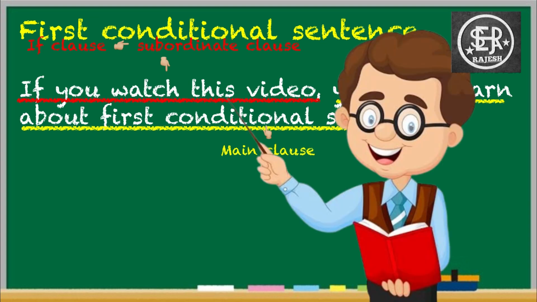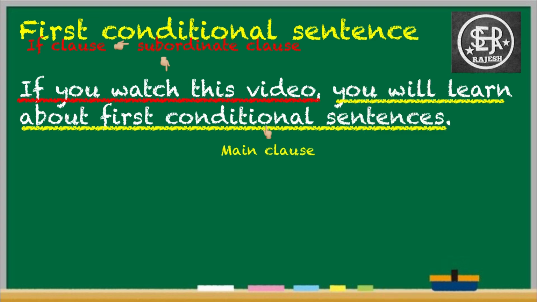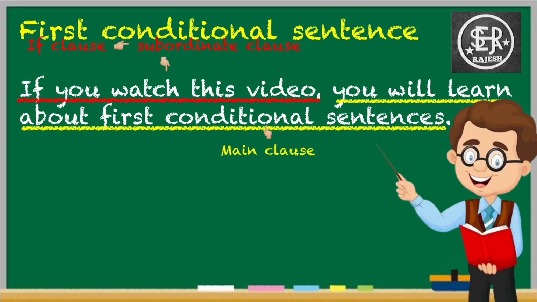Look here, what does the if clause say? If you watch this video, this clause doesn't get a complete meaning. If you watch this video, it is not telling what will happen. Then it needs the help of the main clause to get a complete meaning. What is said in the main clause? You will learn about first conditional sentences.